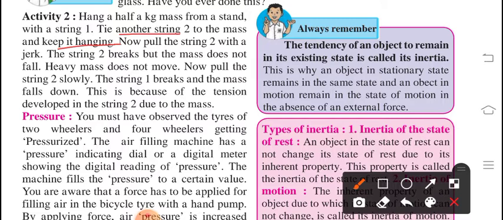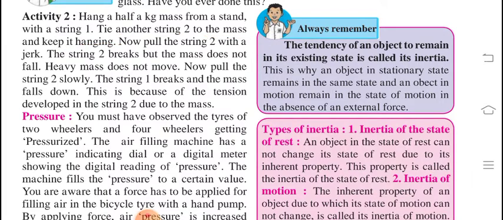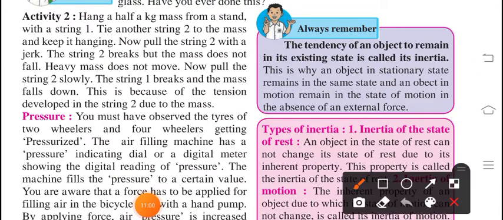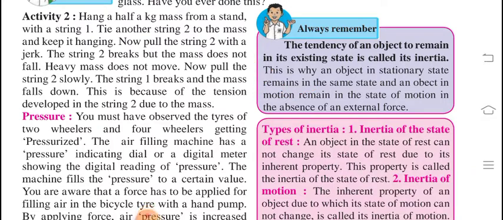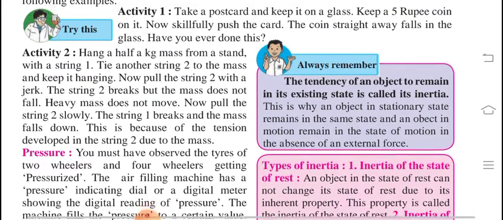With one string I attach the half kg mass, and with another string I tie to the mass and keep it hanging. You can also do this activity at home.